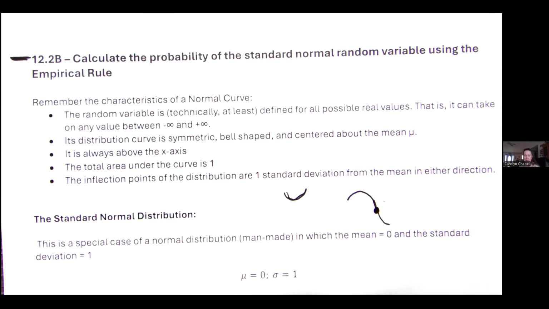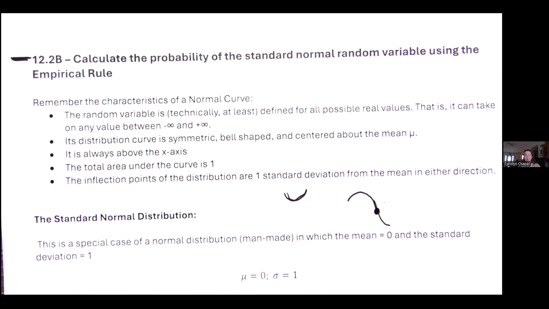So the first standard normal curve we're going to look at is one that was standardized. So it's basically taking a general normal curve and standardizing so we can find an even center place to take all of our normal curves to.